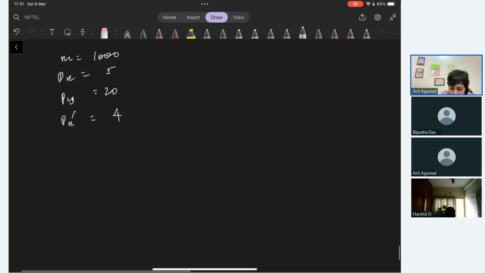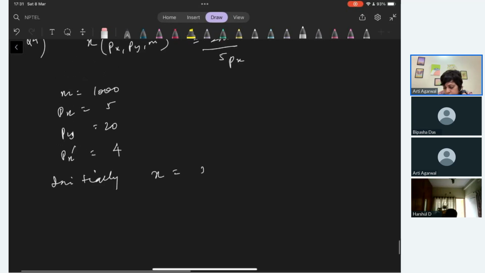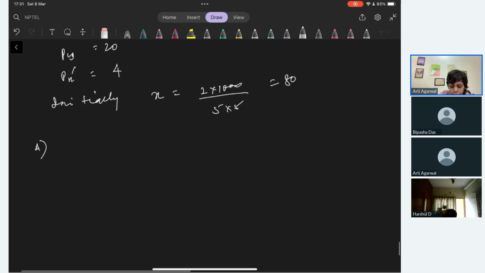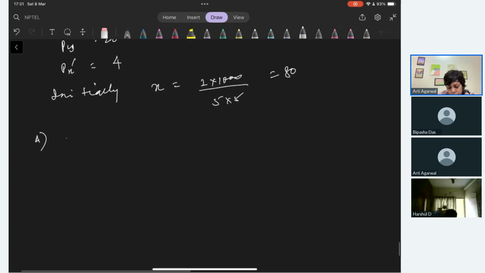Now, initially, X is equal to 2 into 1000 by 5 into 5. It's equal to 80. Now, part A is asking us that if the income were to change, M changes to M prime, so that he could exactly afford his old commodity bundle, what would be his new income?